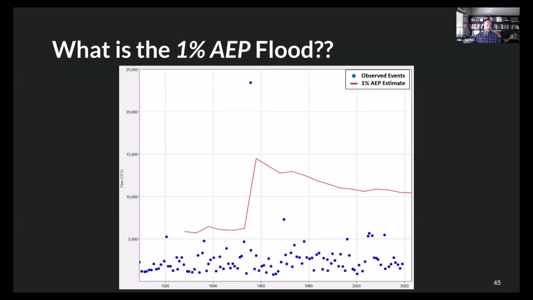So the blue dots along here are the annual maximum series, the largest flood in any given year for the specific location. And the red line is our time-dependent estimate of the 1% AEP flood. And you can see that it's chugging along to start with, and then we have this really big flood in 1955 that absolutely jacks up our estimates of what that flood is. And then it tends to settle back down over time as well, because we don't get these extremely rare floods over and over again.